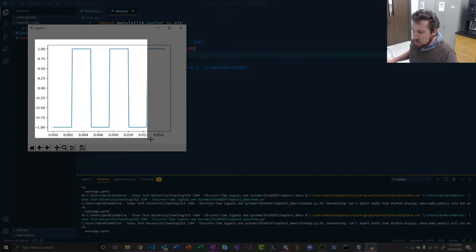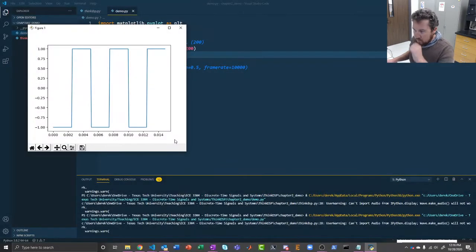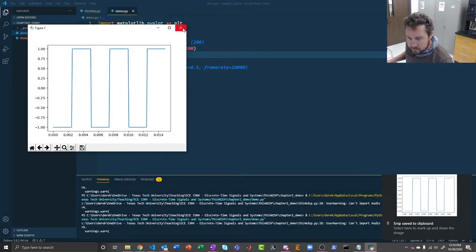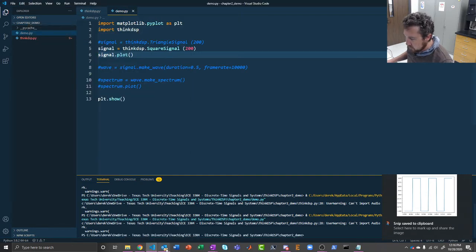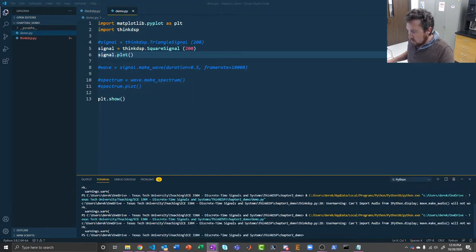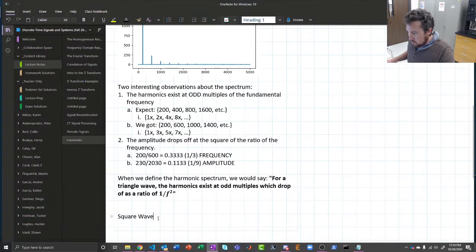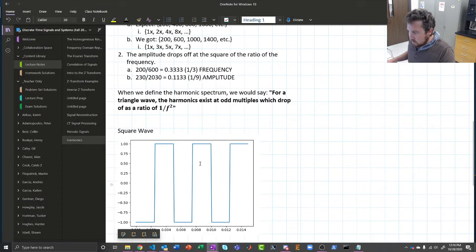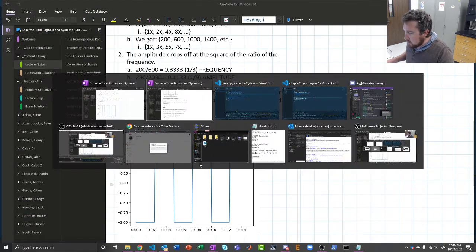Let's grab a screenshot for the notes. Pretty standard issue, right? You guys are familiar with square waves. Go ahead and add that in. Now let's take a look at the spectrum.